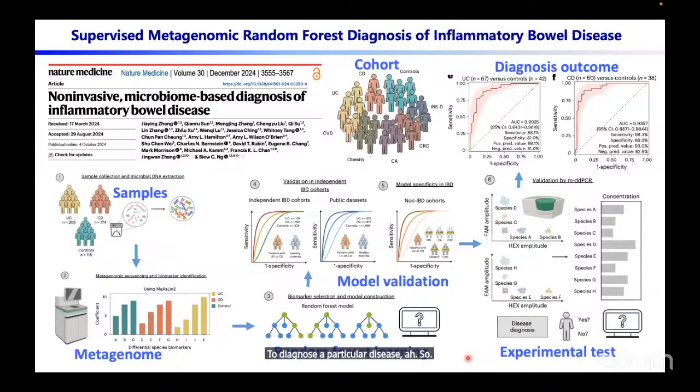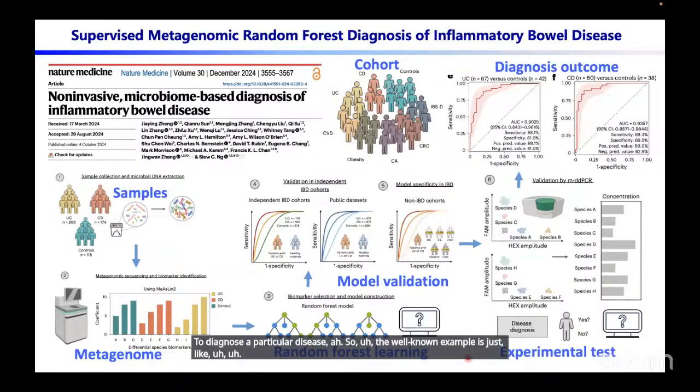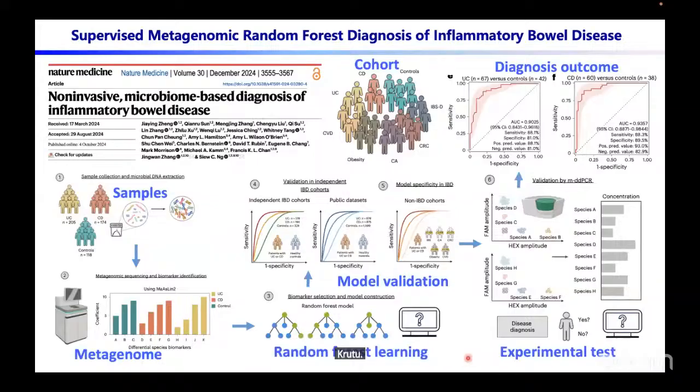The well-known example is HER2 positive breast cancer. We know that HER2 is obviously a biomarker for the diagnosis of HER2 positive breast cancer. And there are some other diseases that have this kind of distinguished biomarkers. But what about a complex disease that may or may not have such a distinguished biomarker?